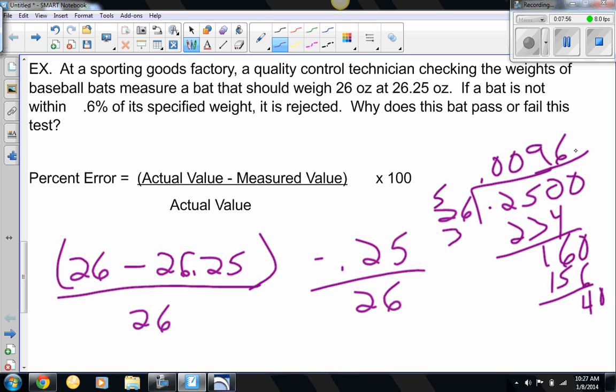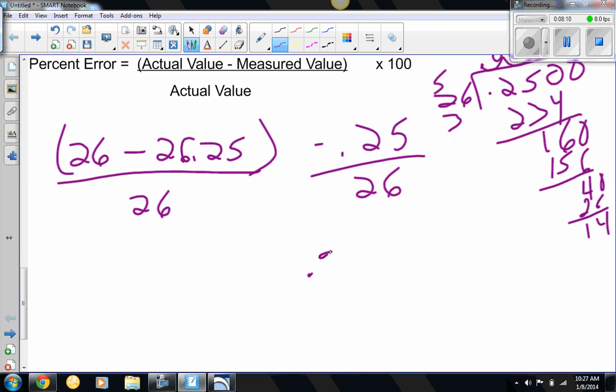And it's going to keep going and going, probably. So I think I've probably gone far enough. So I'm going to change this to a percent by moving it 2 spots. So I have 0.96% basically. Almost 1%, but not quite.